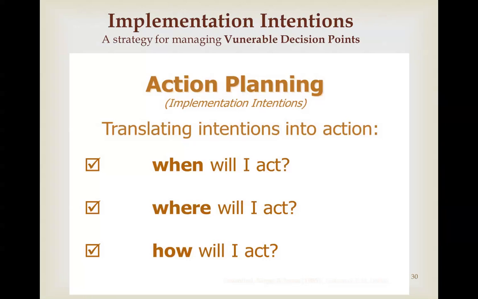When we're talking about adults, one of the most successful interventions to help adults counter their implicit bias, and the extent to which they interact with different subgroups of students differentially, particularly around discipline, is we engage in implementation intentions as a strategy for more successfully managing what we call vulnerable decision points.